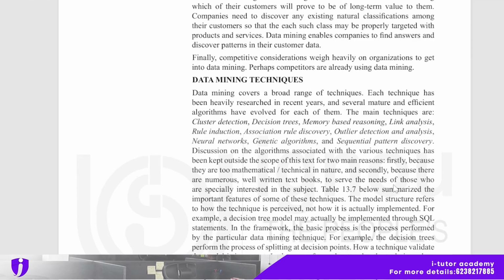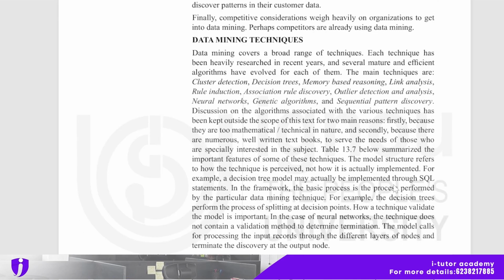Data mining covers a broad range of techniques. Each technique has been heavily researched in recent years, and several mature and efficient algorithms have evolved for each of them. The main techniques are cluster detection, decision trees, memory based reasoning, link analysis, rule induction, association rule discovery, outlier detection and analysis, neural networks, genetic algorithms, and sequential pattern discovery.